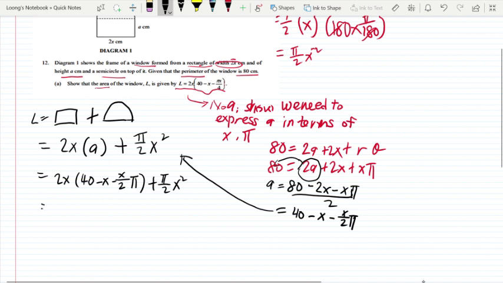And we could simplify this further: 80x minus 2x squared minus 2x squared over 2 pi plus pi over 2 x squared.